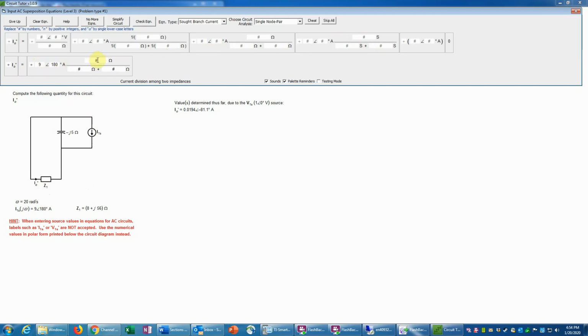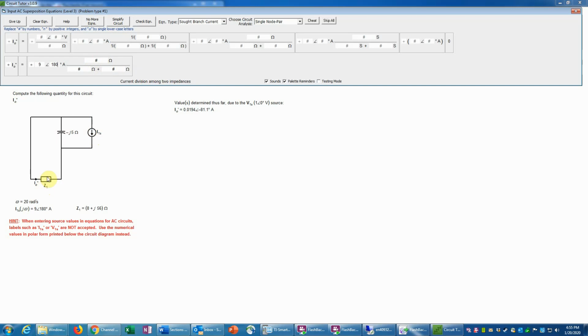And then remember, in a current divider formula, we are going to have the other impedance in the numerator, because that's what will give us the correct current through this element. Basically the idea is that if the other one were bigger, that means we should get most of the current through this element, and so putting a bigger number here would give us more current here, which would make sense.